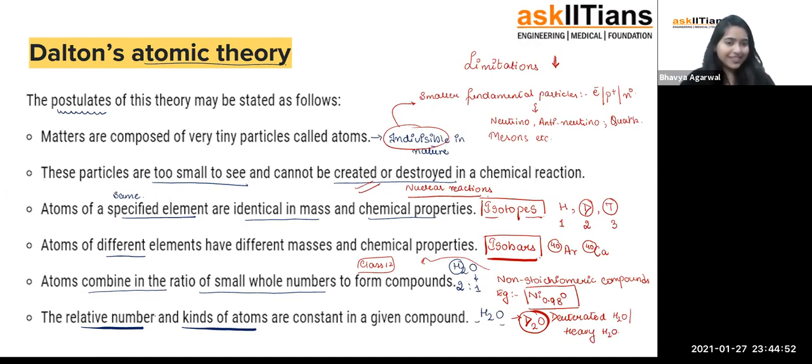So by this, we can say that yes, the relative number is all right, but the kinds of atom are not the same. Both are water, but they have different atoms present in them. So no matter how good this theory looks, almost every point has an exception, every single point.